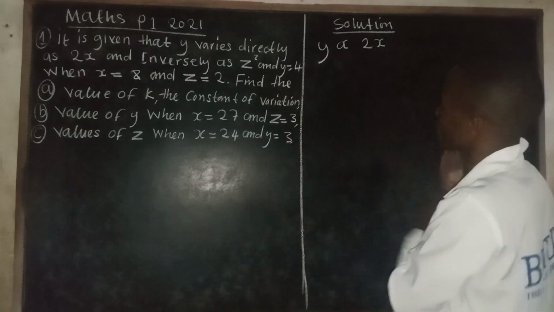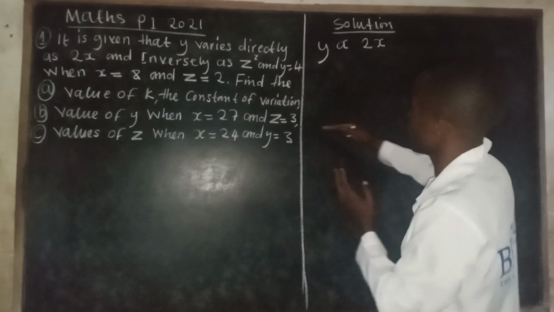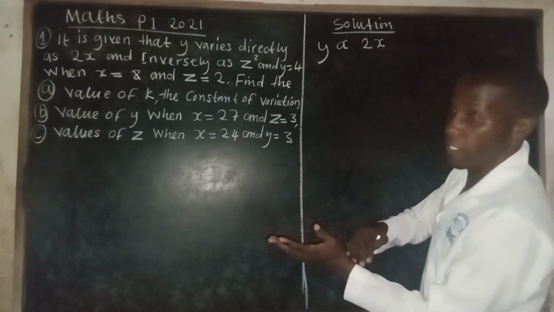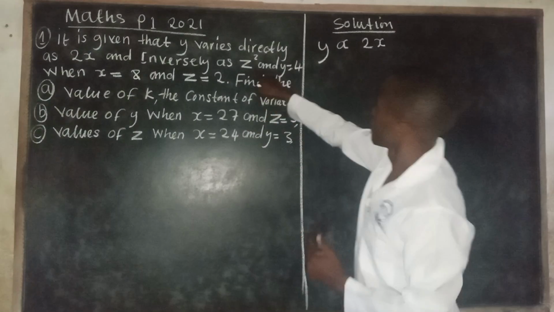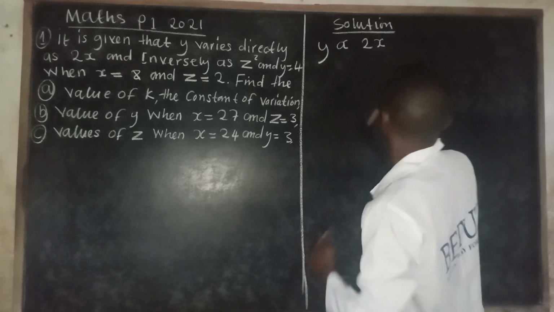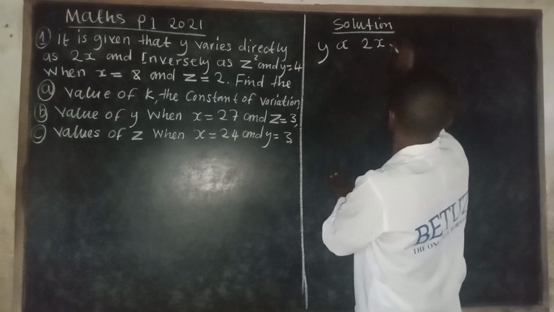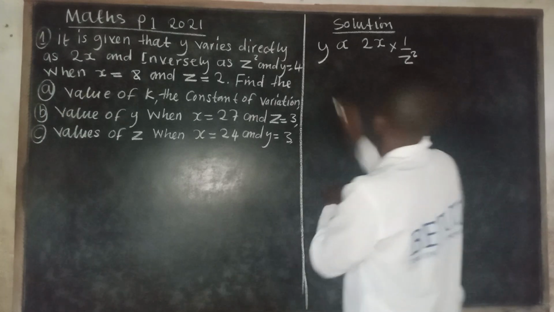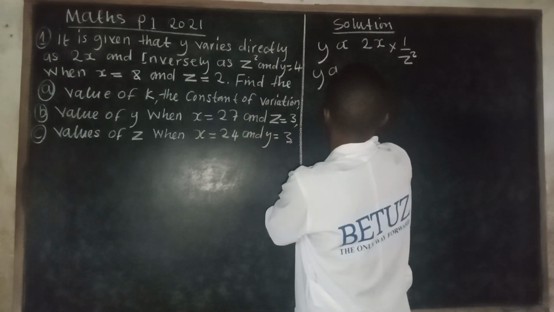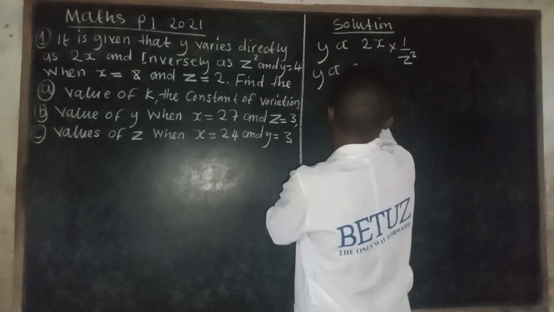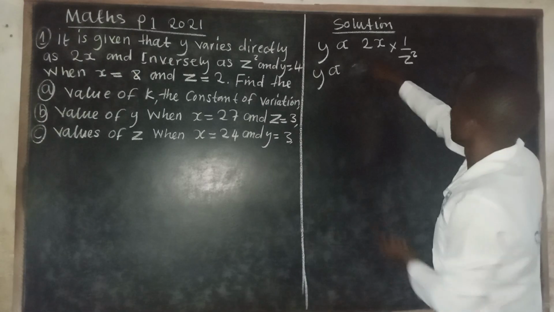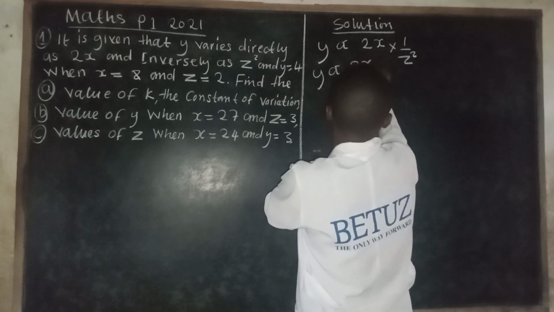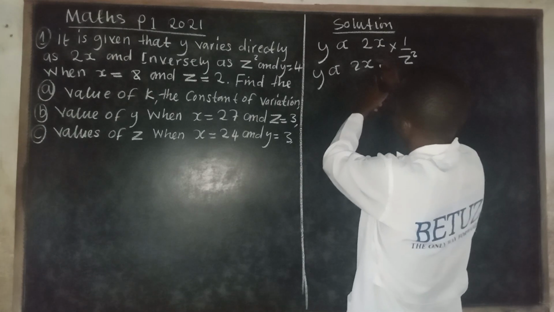We want to interpret the information that we are given there. So here, inverse now. The inverse is 1 over z squared. So we are going to say inverse 1 over z squared. So y varies to 2x times 1 over z squared.